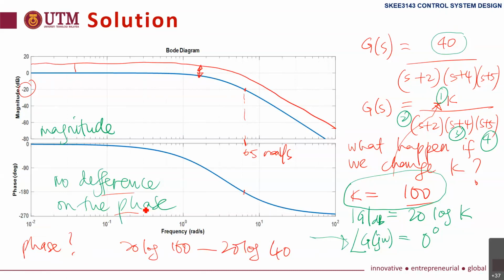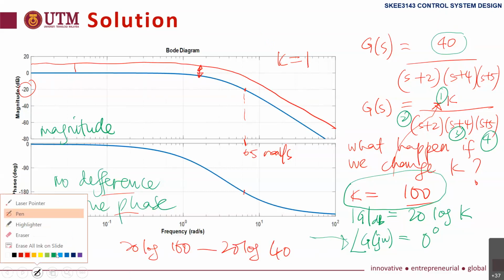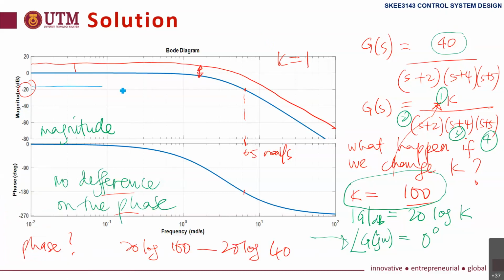If we reduce K, for example if I use K equal to 1, initially it was 40, I reduce it to 1, all will be reduced by the difference, 20 log 40 minus 20 log 1.